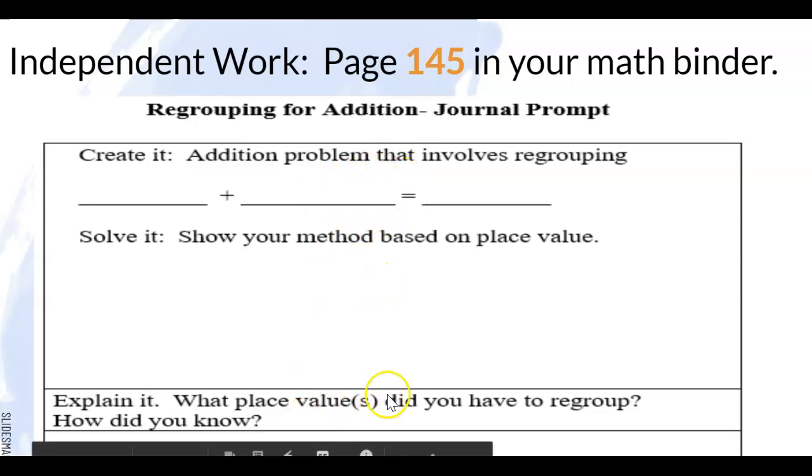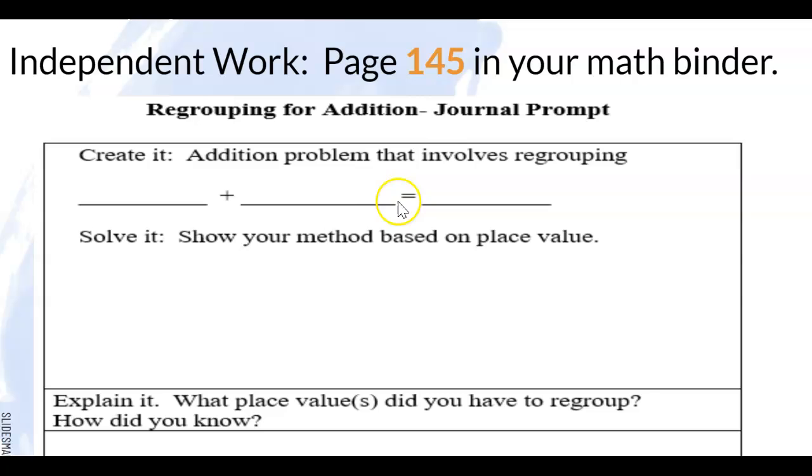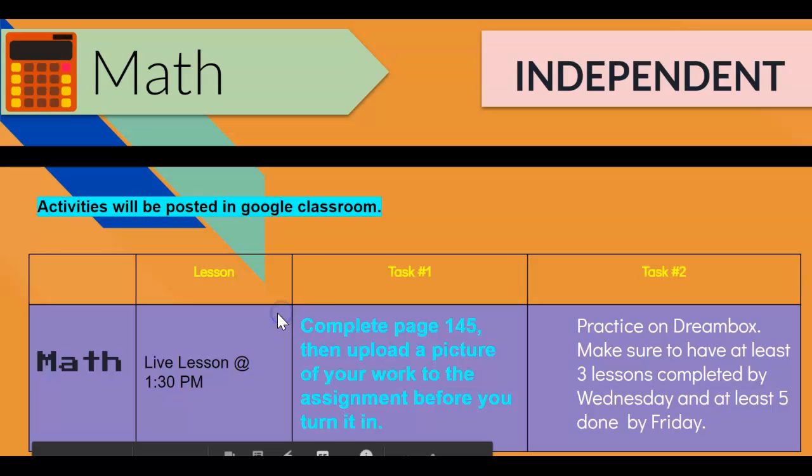However, there are more things underneath here that you need to complete, so make sure you do all of page 145 in your math binder. And when you finish working the problems in your binder, make sure to take a picture of it, and you have to include the picture of your work with your assignment before you submit it or turn it in to your teacher. Let's go to our next one.